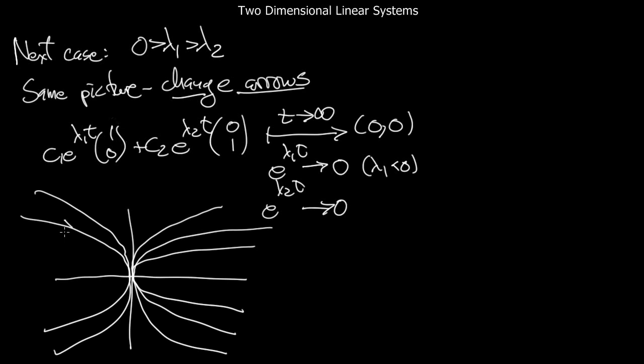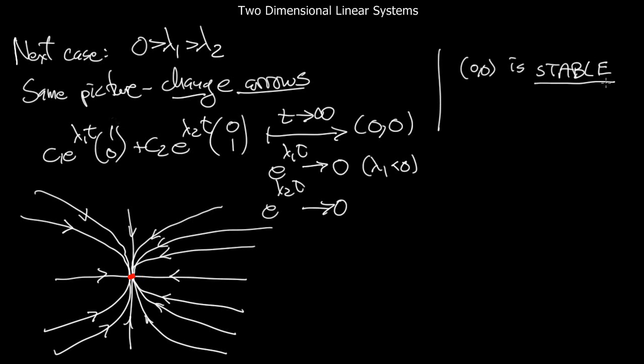Okay, so drawing it again, it looks something like this, with the arrows pointing in. And now the stability has completely changed. If you had the solution at 0 and you perturbed it a little bit onto one of these other curves, it'll just flow right back down to 0. So this is the opposite case to the previous one.